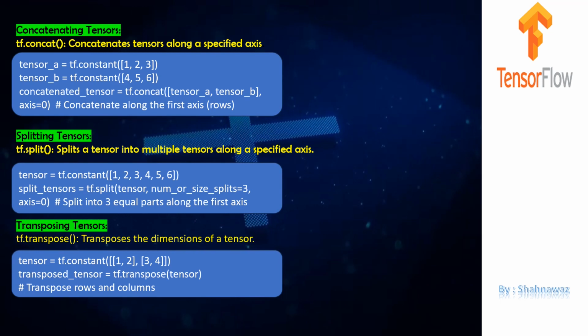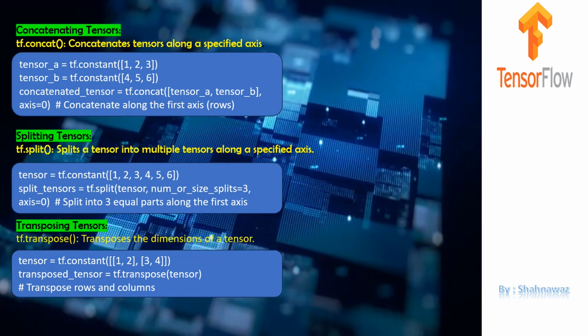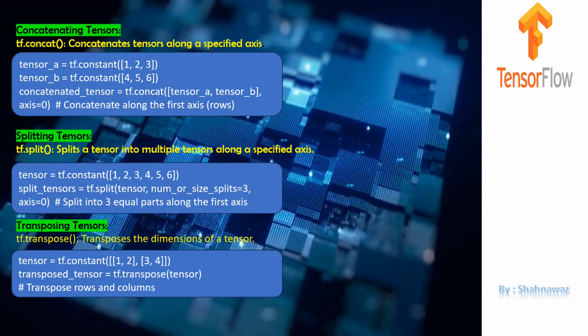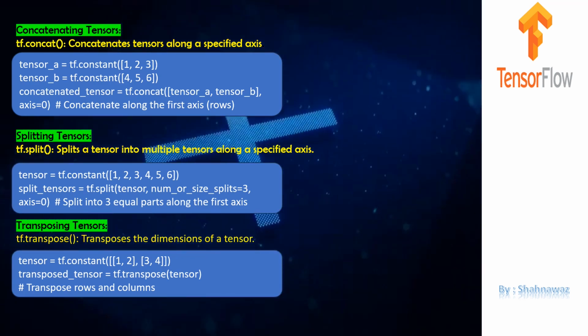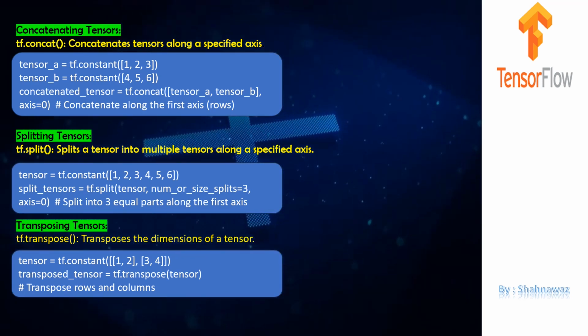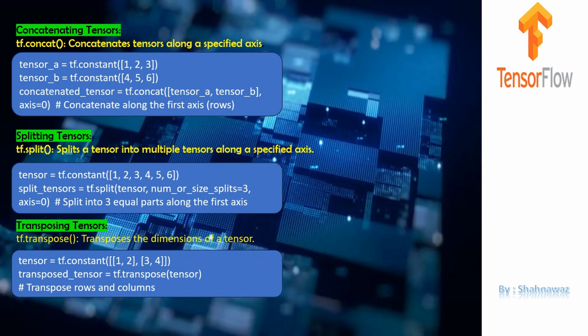Splitting tensors. Command is tf.split, which splits a tensor into multiple tensors along a specified axis. tensor equals tf.constant, 1, 2, 3, 4, 5, 6, split_tensors equals tf.split, tensor, num_or_size_splits equals 3, axis equals 0, #split into 3 equal parts along the first axis.